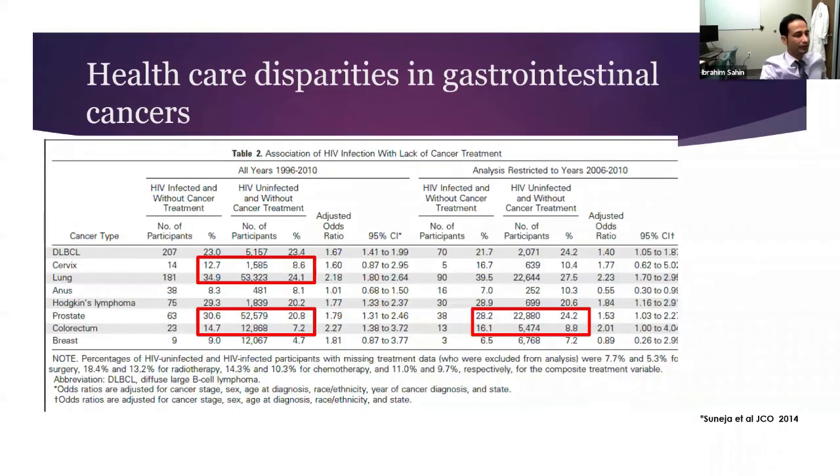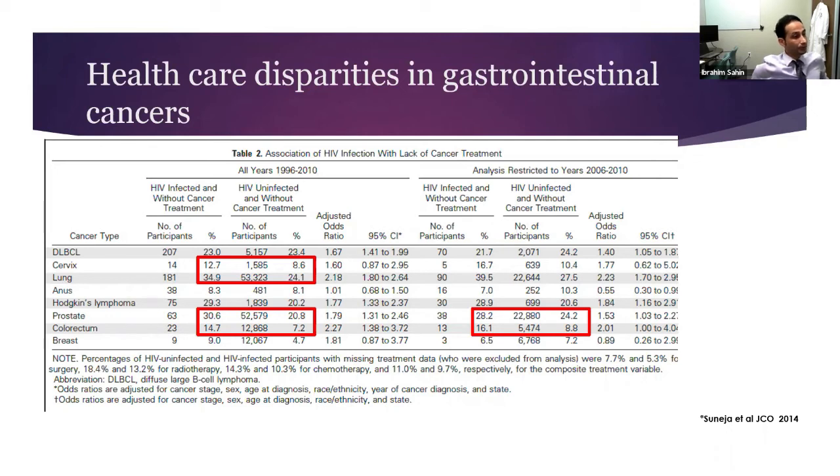But I'm going to come to other data recently published in the JCO 2014, the official journal of the American Society of Clinical Oncology. Very unfortunately, not getting treatment for the cancer is almost doubled for colorectal cancer.